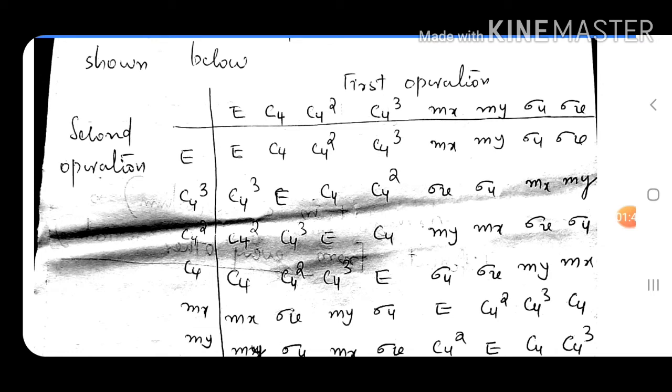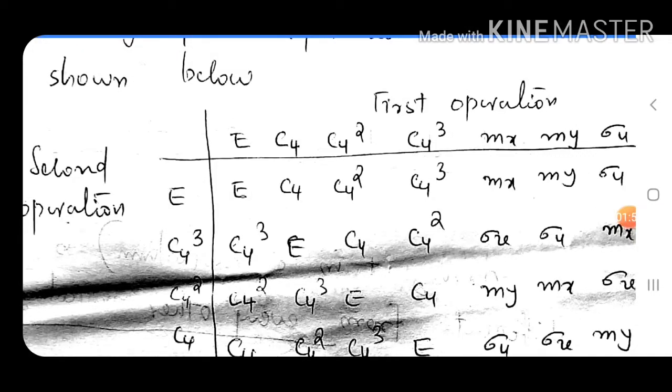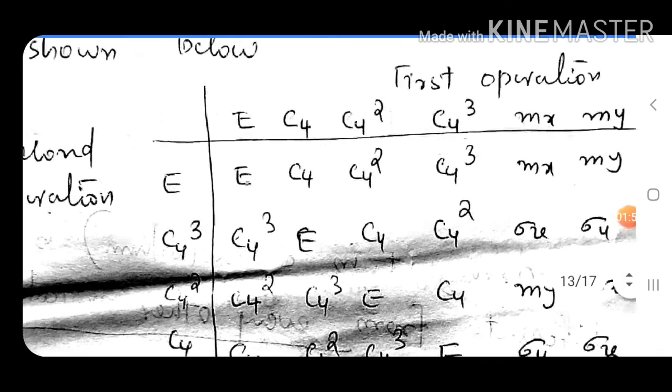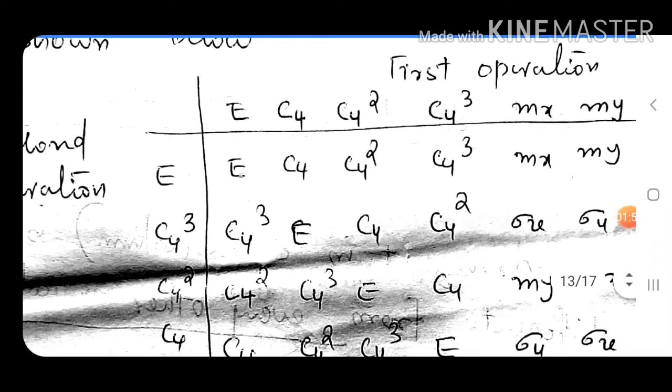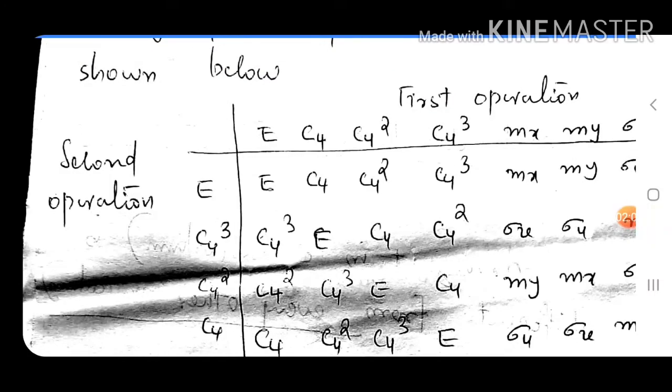Suppose I want C4 cube, C4 square. So C4 cube, this is the row of C4 cube, and C4 square, this is the column of C4 square. So C4 is the result. C4 cube, C4 square is C4.